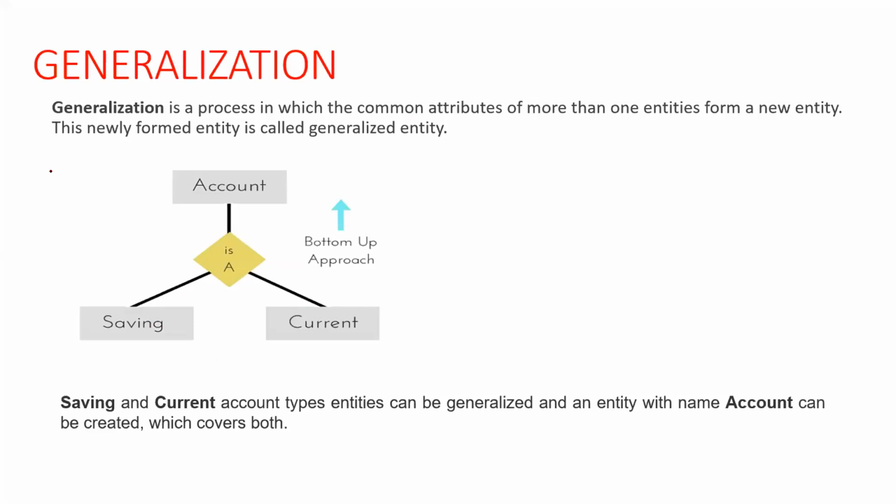From this picture you can observe the entities and relationships. Initially we have savings as a type of bank account, that is one ER diagram, and current account is also one type of account, that is also one ER diagram. Here account is the common entity among those two. So we are forming a new generalized entity, that is account. Savings account is also an account and current account is also an account.